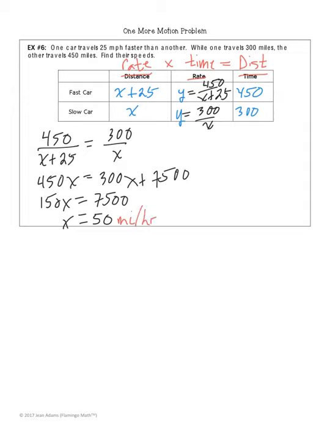So remember, x is in miles per hour. And the question says, find their speed. So x is 50, while x plus 25 is equal to 75 miles per hour.